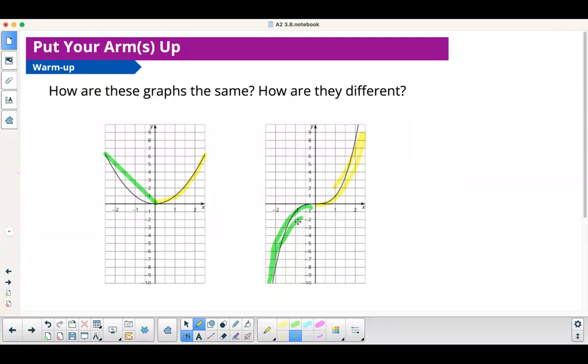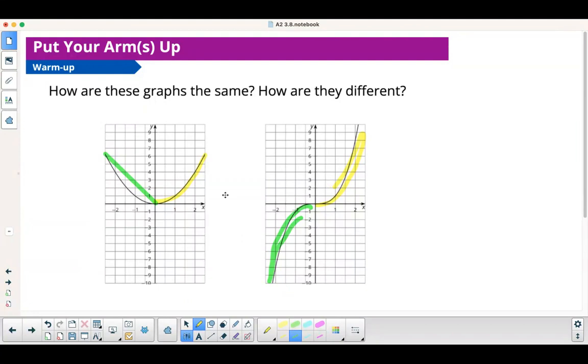Some other things. They're definitely different because the parabola on the left is always greater than or equal to 0. I have no negative values down here, whereas this one can be negative on the left side and positive on the right side.